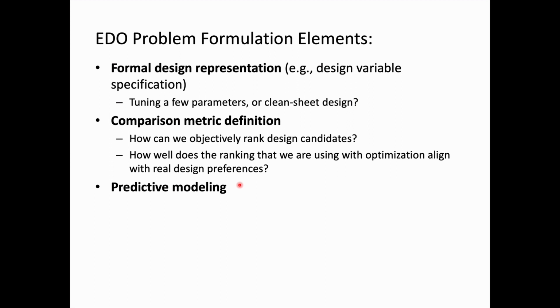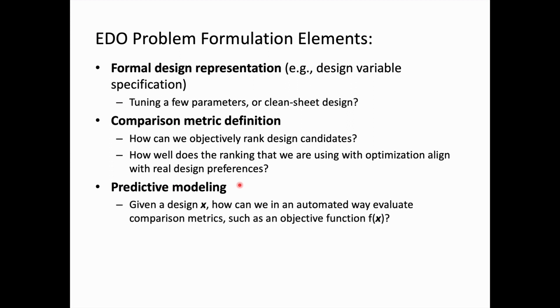So finally, the third aspect of problem formulation is predictive modeling. Given a design X, so here in this class we're thinking about this vector X as the design definition. It's a specific set of values of these design variables. So given a design X, how can we, in an automated way, evaluate comparison metrics, such as an objective function or constraint functions?